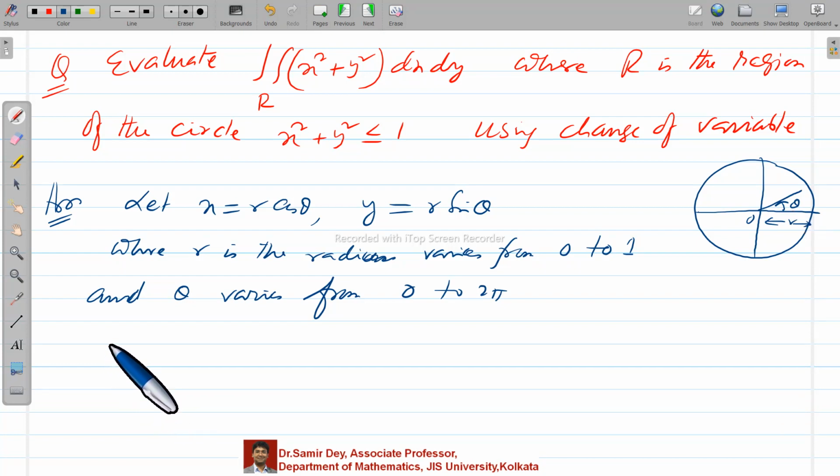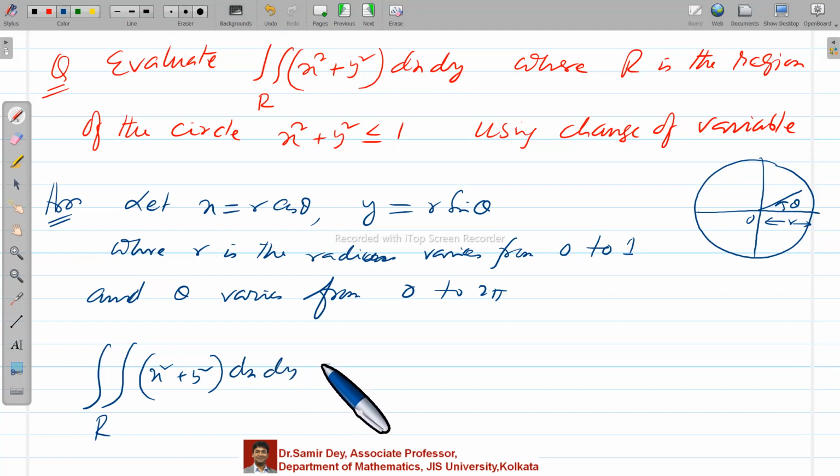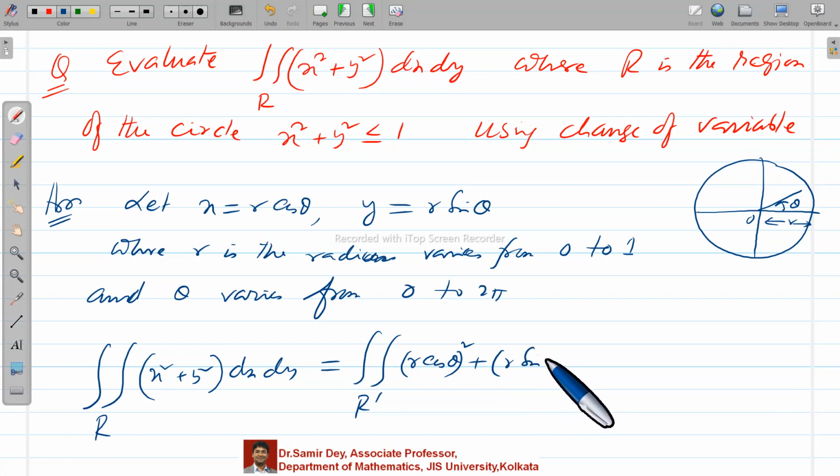If I want to rewrite this, that is r x square plus y square dx dy by using double integration, change of variable part, your new range will be there, and then this x square y square should be replaced by r cos theta whole square, r sin theta whole square, and j dr d theta.